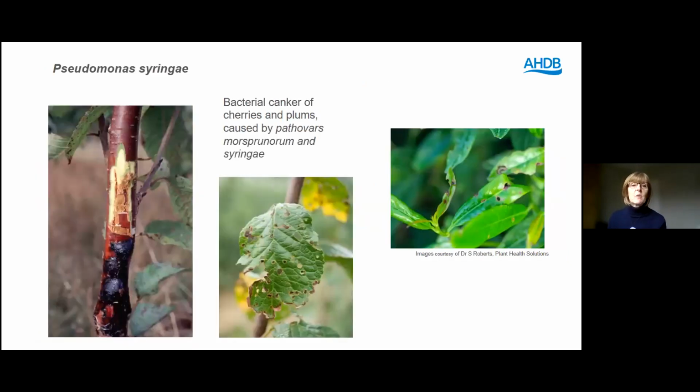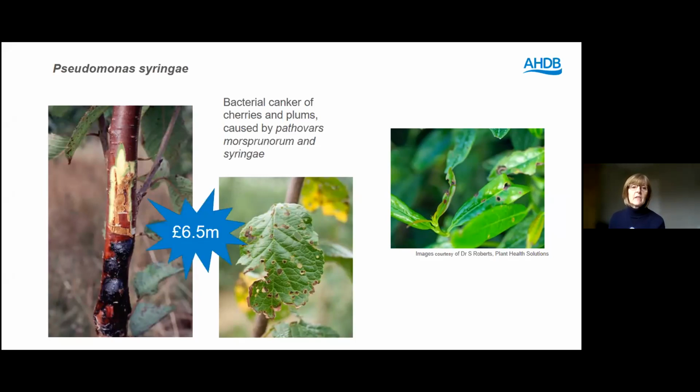One of the other areas where we see some really quite important and huge amounts of loss are in those prunus species that again Pippa mentioned, but not just the laurel species, which is the picture on the right there, but also in fruit prunus, so the cherry family, where we see those Pseudomonas syringae pathovars that affect that, the morsprunorum and the syringae.